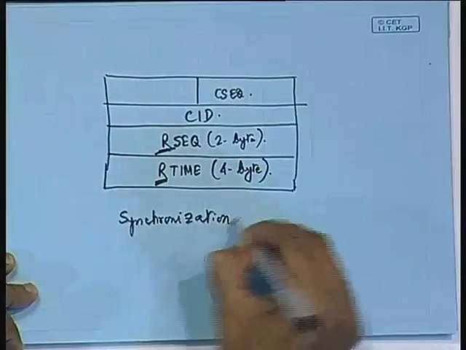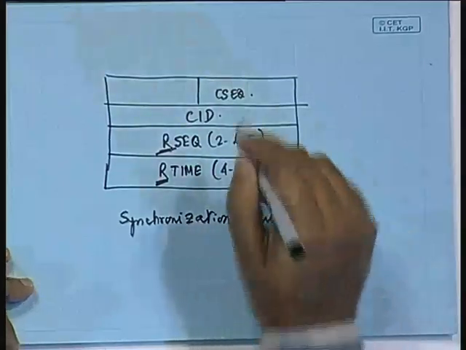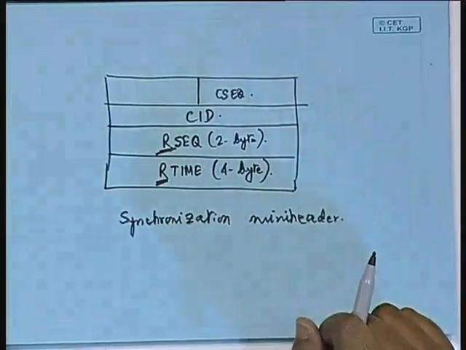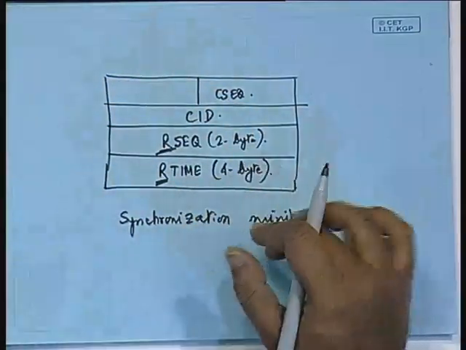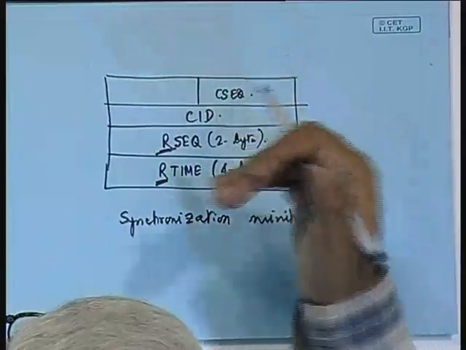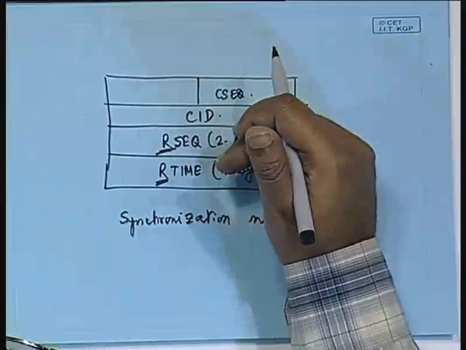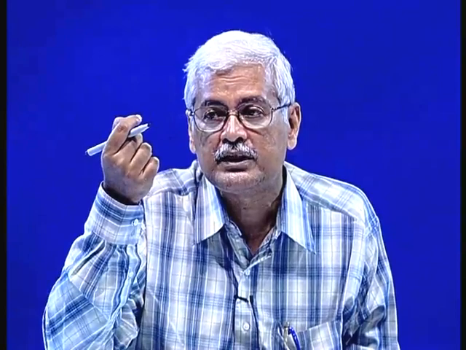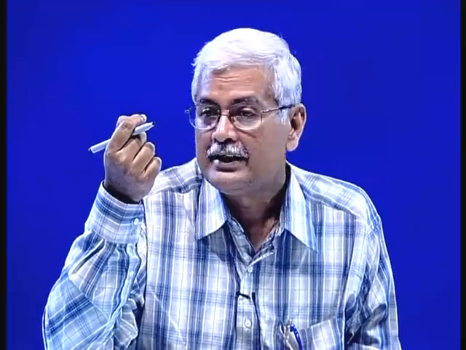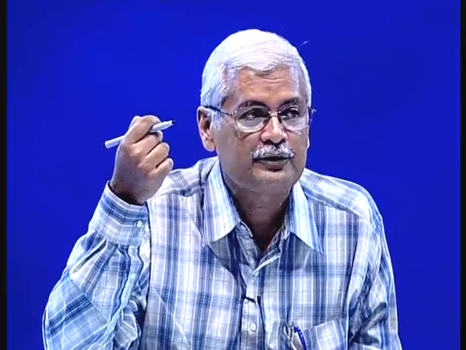This is called the synchronization mini header, and the reason is that even if we lose synchronization, using this mini header we will be able to get back the timestamp and the overall sequence numbers, because we may miss some of the streams in between, and in that case there should not be any error in our timestamp calculation or sequence number calculation.